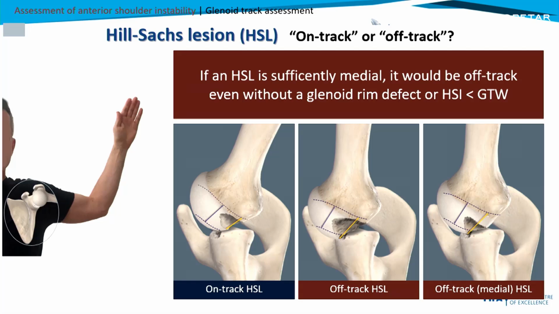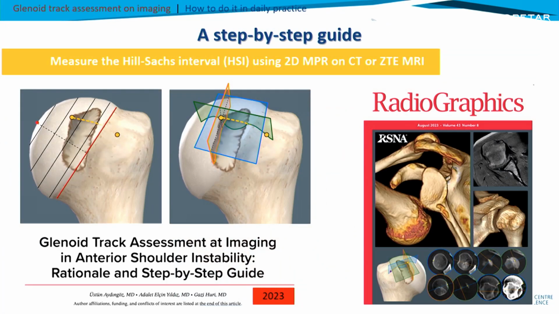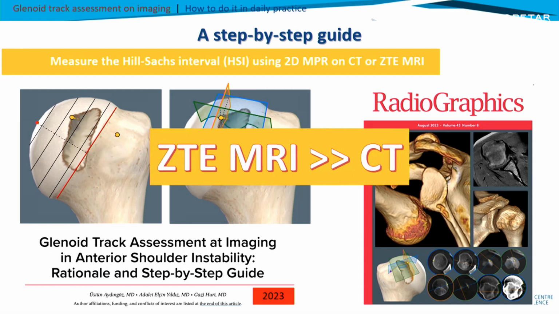This is the paper that we published with Üstün Aydingöz, a radiology professor and a good friend, probably also a good friend of Marcelo. You can go to this paper and follow the step-by-step technique to assess on-track and off-track. We use Z-MRI, which has many advantages over CT according to our paper.